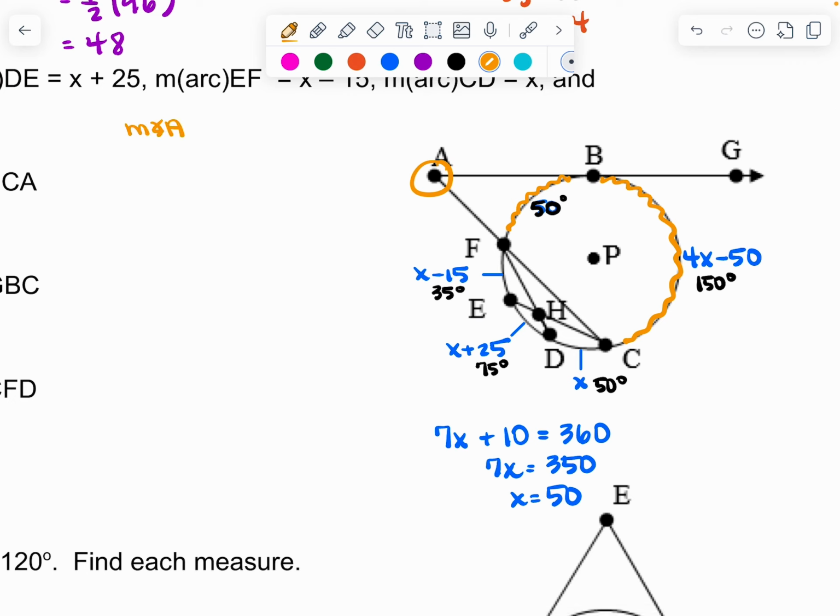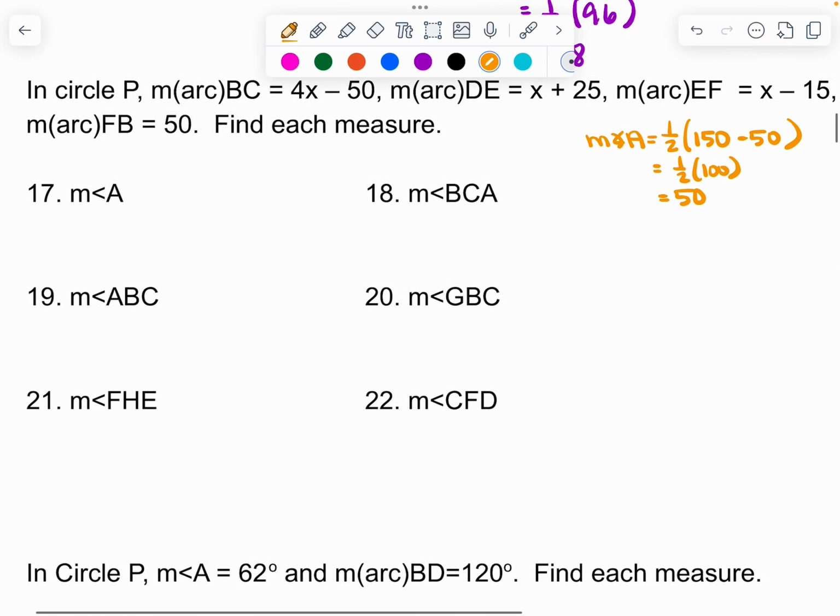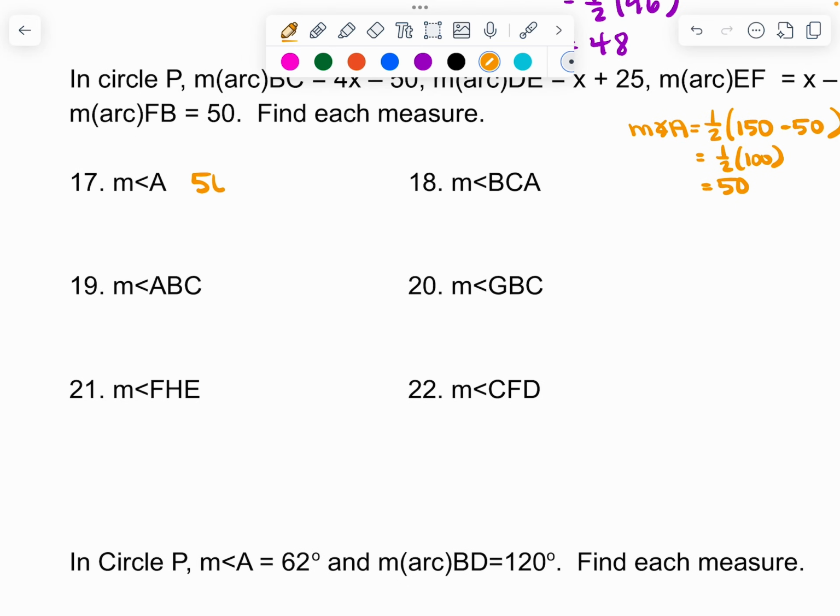So the measure of angle A is half the difference of its two intercepted arcs. We already solved for x and plugged them all back in. So the furthest arc is 150 and the closest arc is 50. So we're getting half of 100, which is 50. So the measure of angle A is 50 degrees.